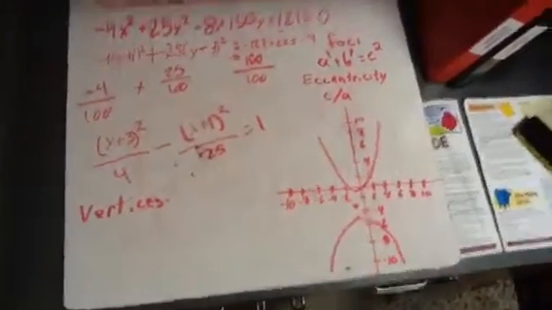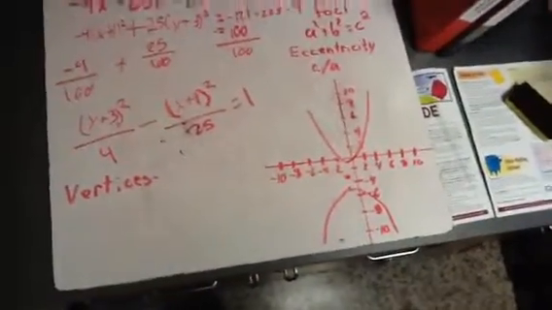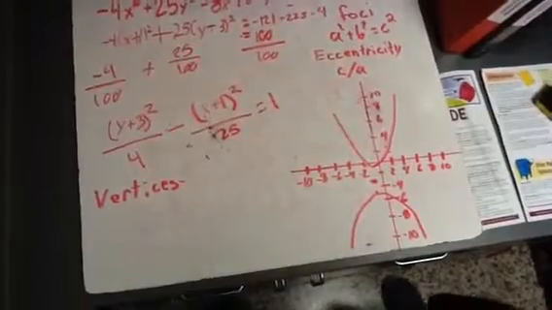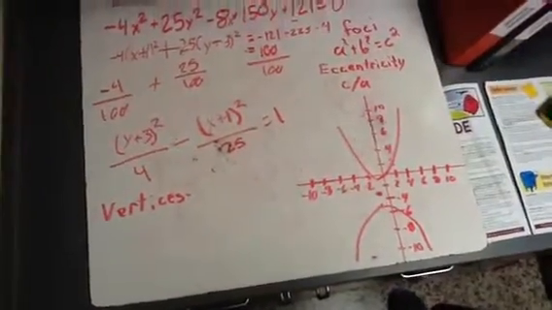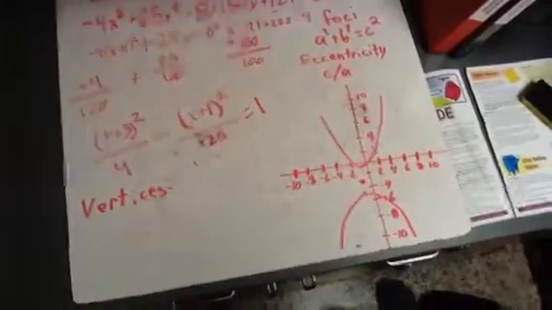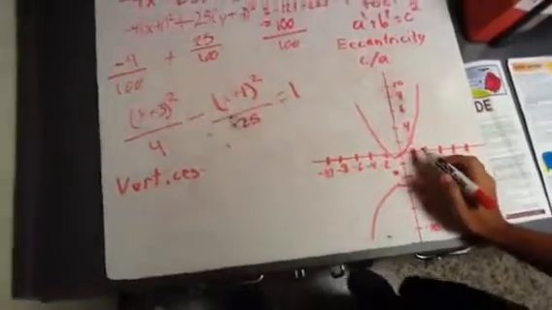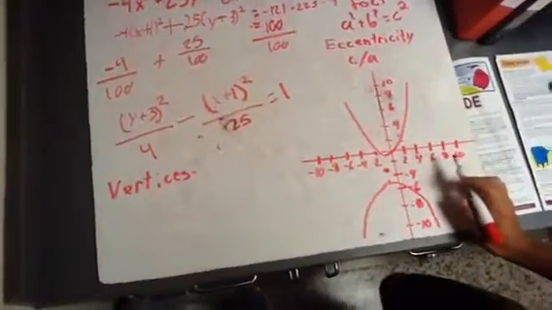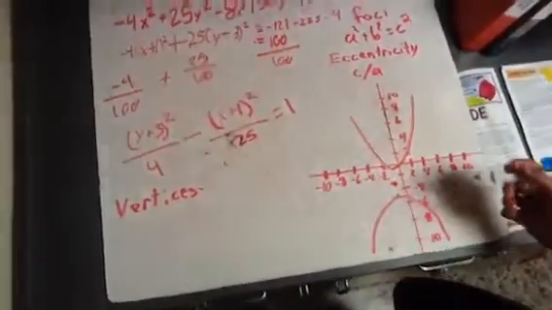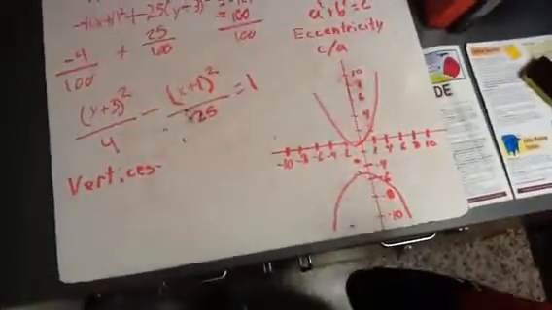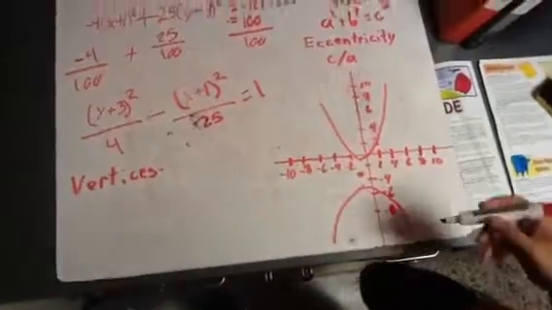Could you possibly try to graph the foci as well? The square root of 29 apart from the center is around 5, in a range of 5 to 6.